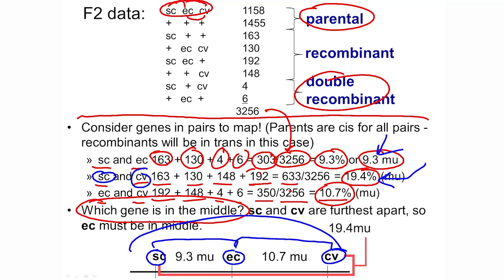That's wonderful. It's awesome. You may notice, and if you get it and you're good with it, take a little moment to celebrate. You may notice one little weird thing, though, and that's the following. If you add up the map distances here and here, 9.3 plus 10.7 do not in fact equal 19.4, they equal 20, right?